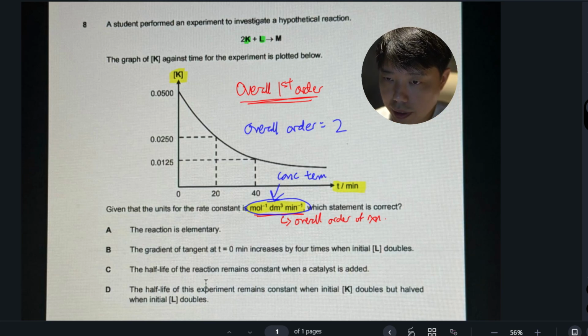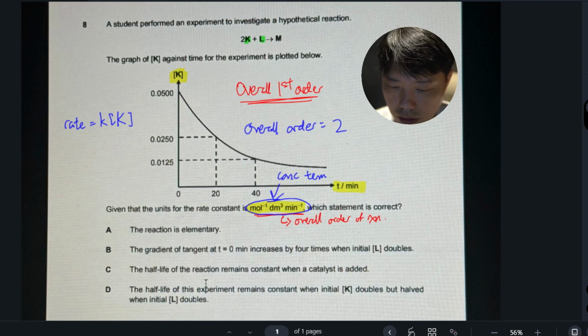Because if you remember your rate equation, let me just write it down. Your rate equation, if it is first order only, basically it's just K, your rate equation will look like this. Because it's overall first order. But this is apparently not the case because if you look at the units for the rate constant, you actually have one more concentration term left over.